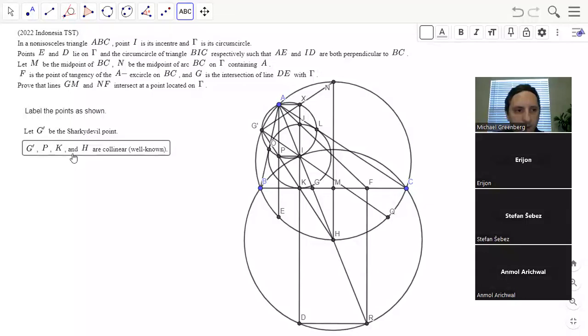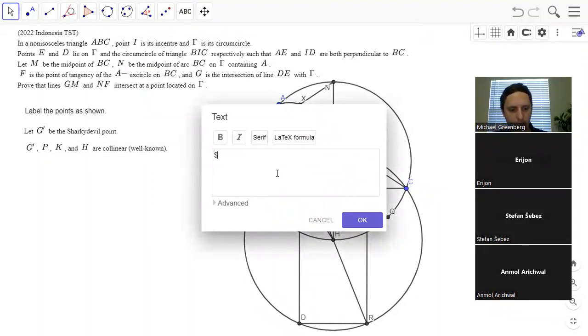Okay. Then XI over XD is AI over AR, which equals R over RA, where R is the inradius and RA is the A-exradius.